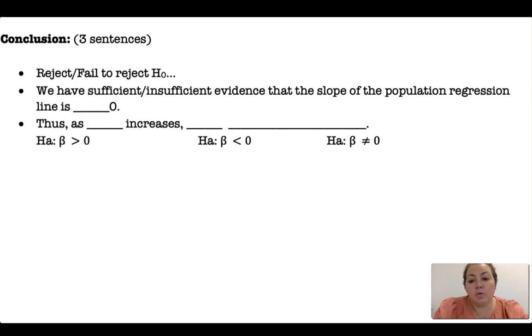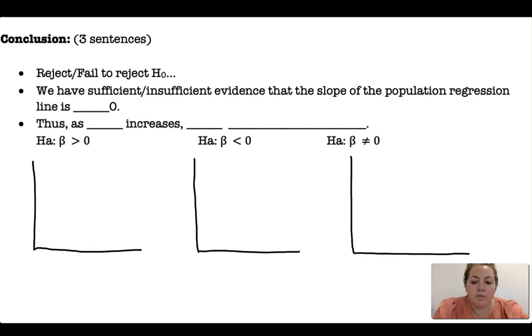All right, our conclusion will be 3 sentences. So it's either going to be we reject or we fail to reject the null hypothesis. We have sufficient or insufficient evidence that the slope of the population regression line is less than, greater than, or not equal to 0. And then thus, as x increases, y increases, or decreases, or changes, the slope is changing, right?